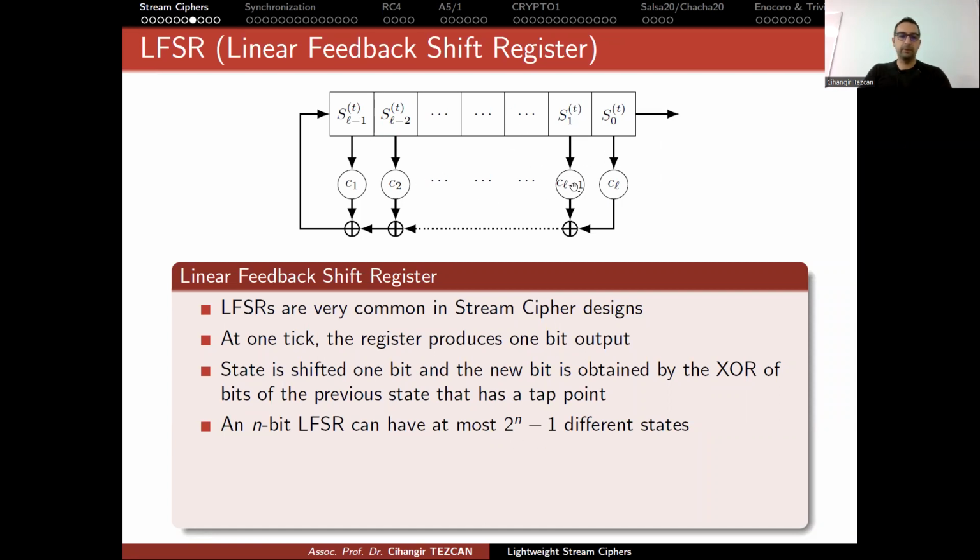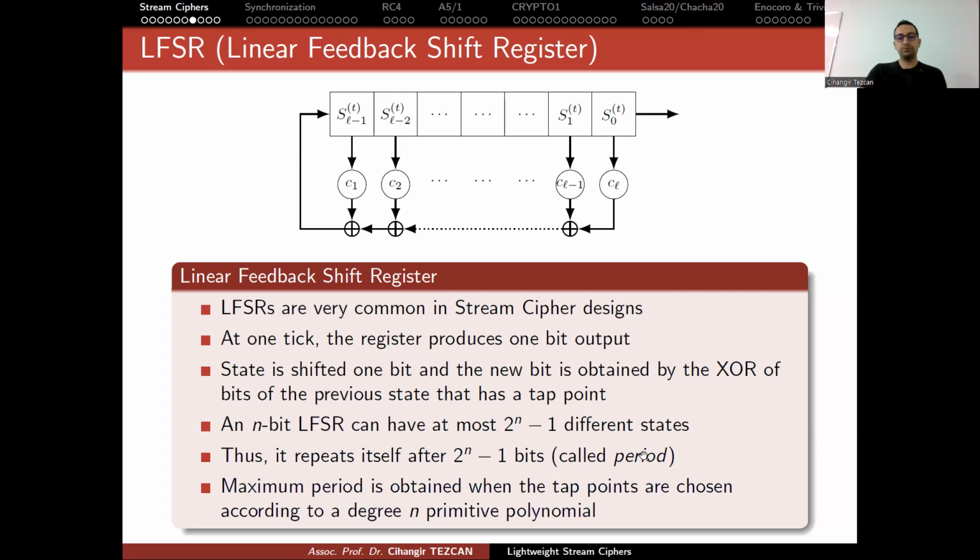The internal state will keep changing until it has represented every possible n-bit state, which is 2^n - 1 because of the all-zeros exclusion. Thus, it repeats itself after 2^n - 1 bits. This is called the period.